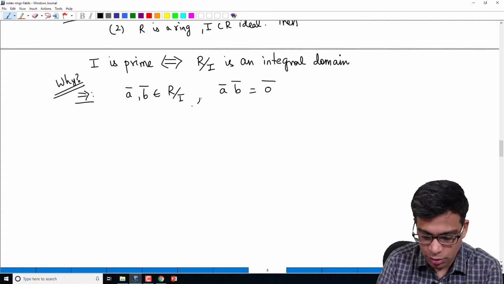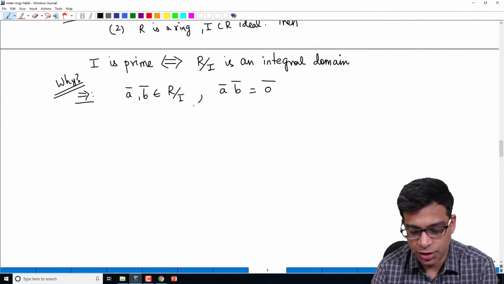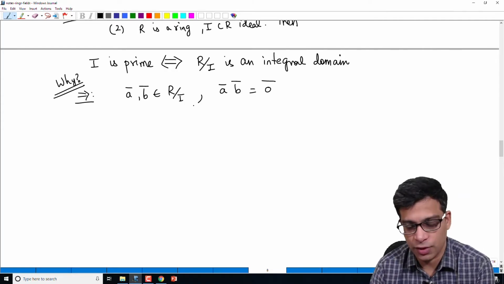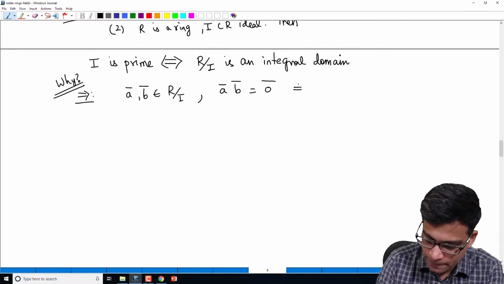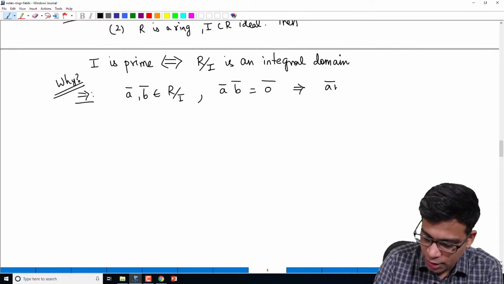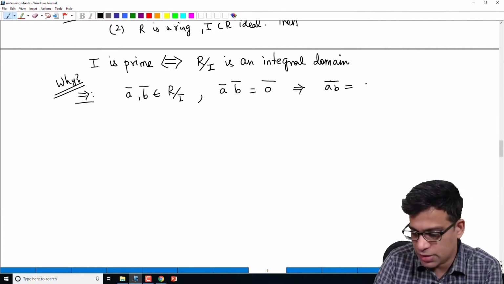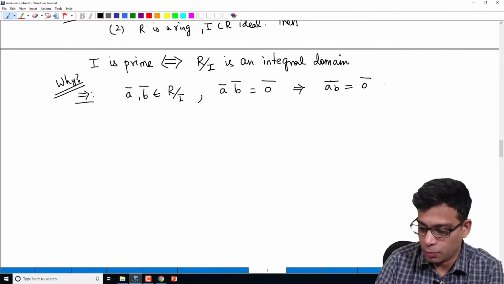Remember, in order to verify that a ring is an integral domain, we have to check that the product of two things being 0 implies one of them is 0. So I'm taking two things whose product is 0. That means A bar times B bar is just AB whole bar.